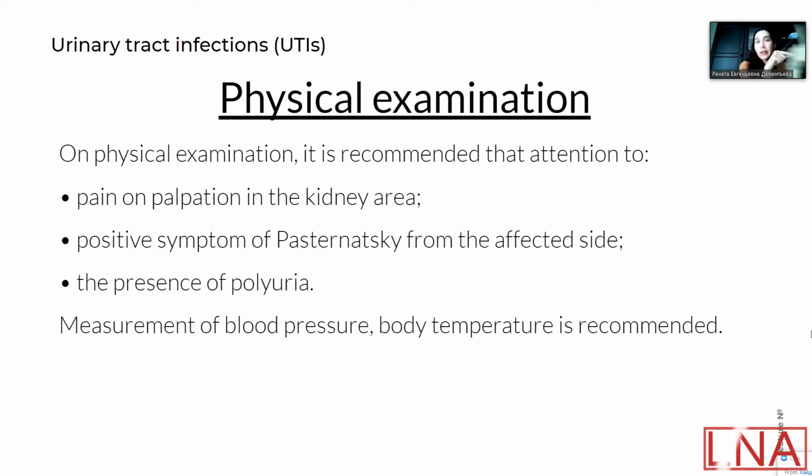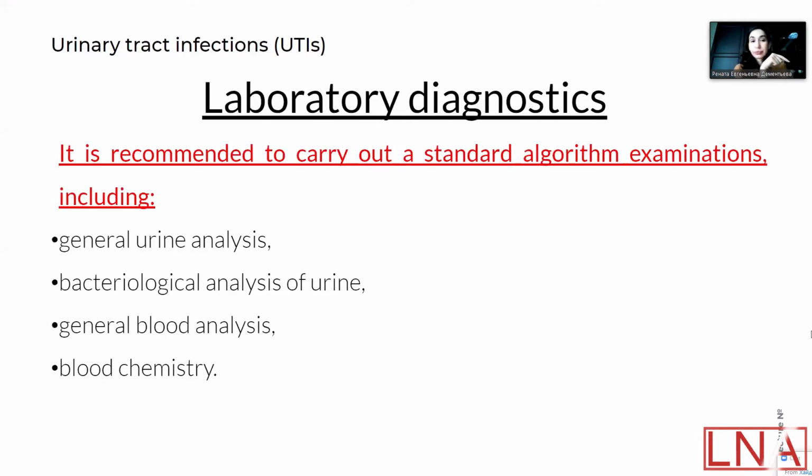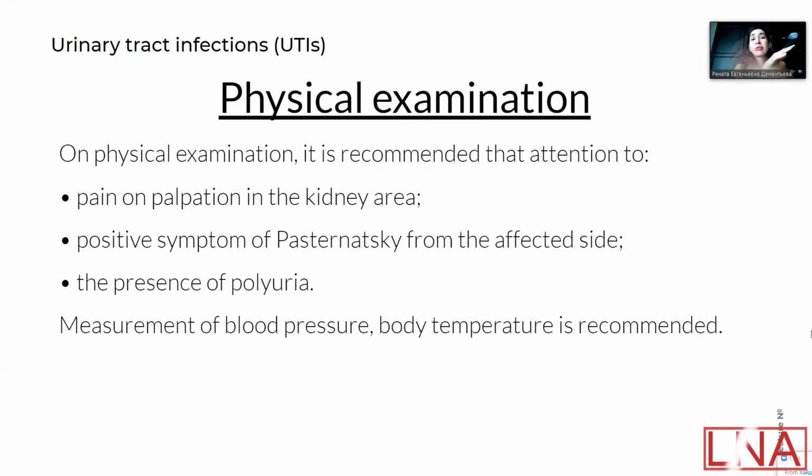Body temperature is recommended also. During physical examination in case of urinary urogenital sepsis, we will speak about general signs of inflammation, change in consciousness, decreasing of BP like a sign of shock, and so on.